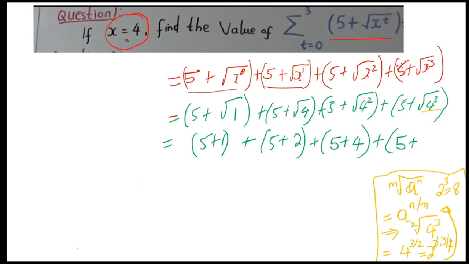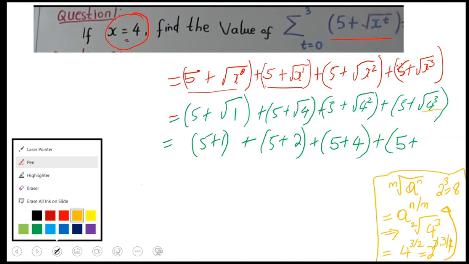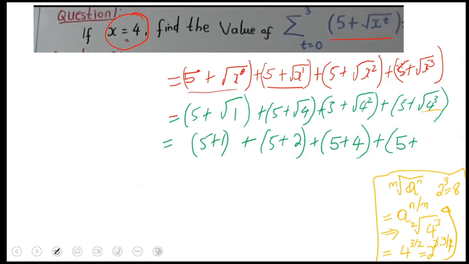This is basically a way of reviewing basic knowledge on exponents. So now this square root of 4 to the power 3 is simply equal to 8. So I think now you can just get your answer, which is going to be 6 plus 7 plus 9 plus 13.